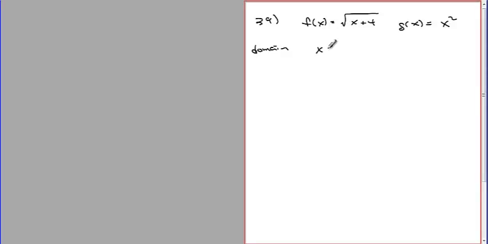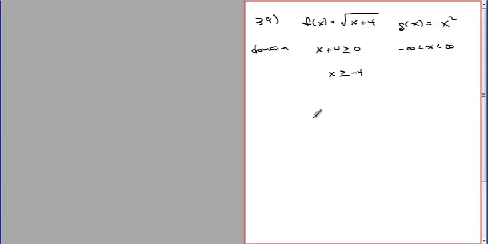So x plus 4 has to be greater than or equal to 0, or x has to be greater than or equal to negative 4. For this second function, it can be all real numbers. X is greater than negative infinity and less than positive infinity.